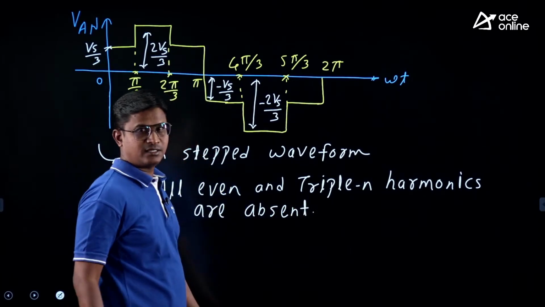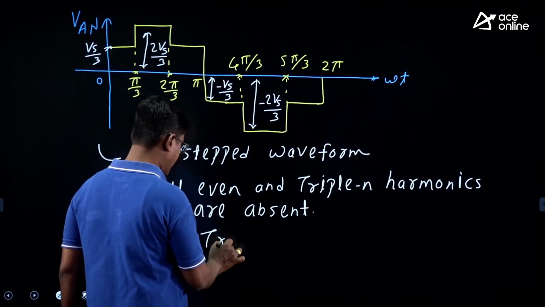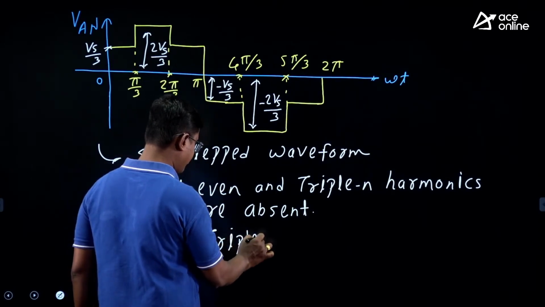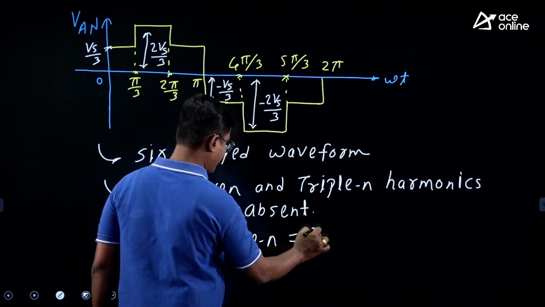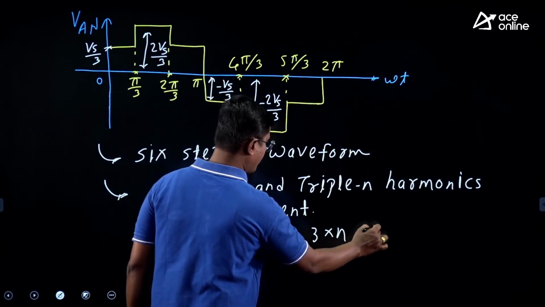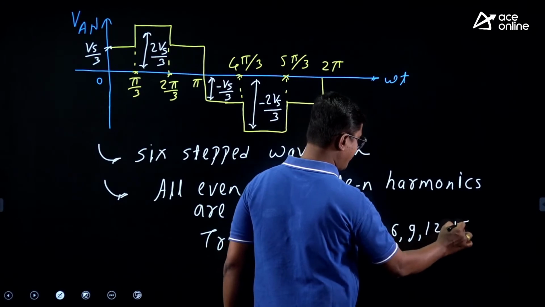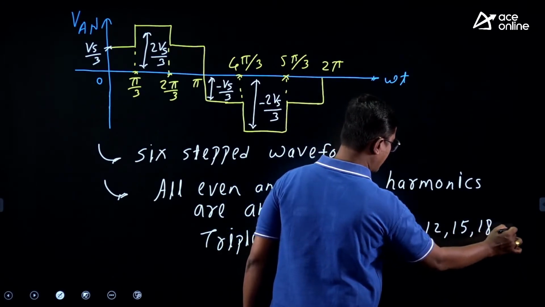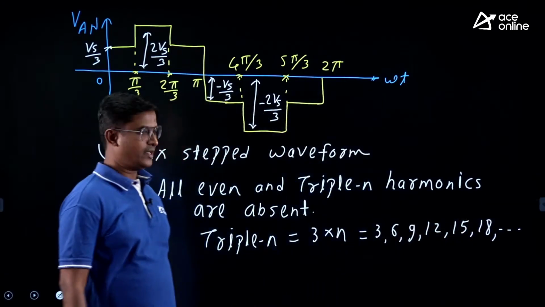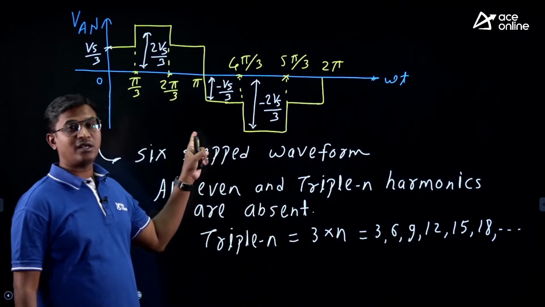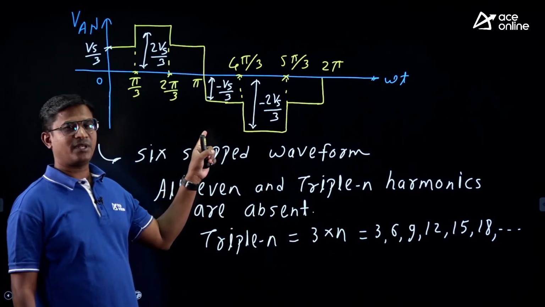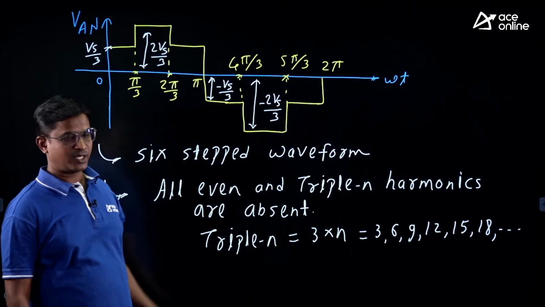Triple N means 3 into N, in order of 3, which is 3, 6, 9, 12, 15, 18, etc. All these are triple N harmonics, okay. So in this waveform, all even harmonics as well as triple N harmonics will be absent, okay, right.